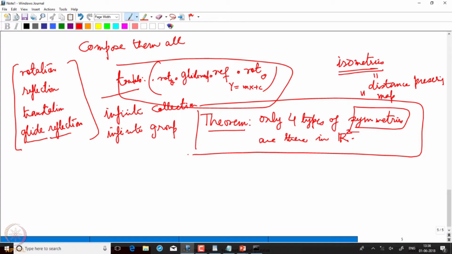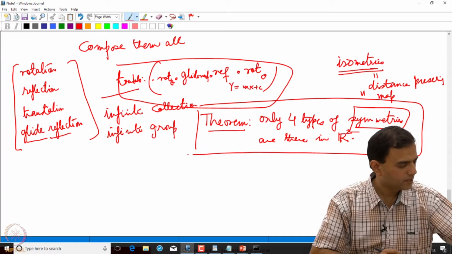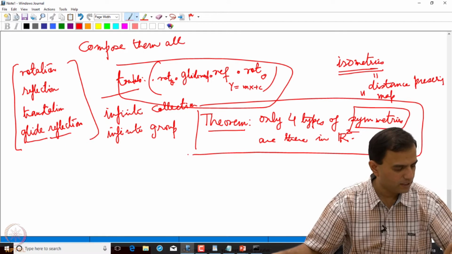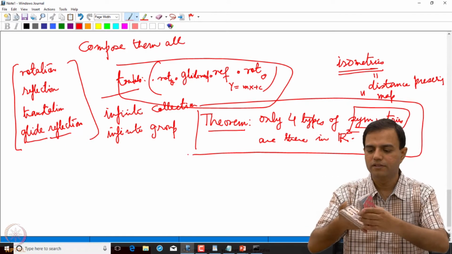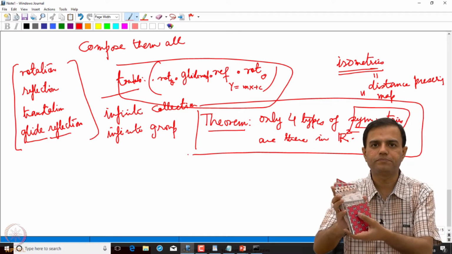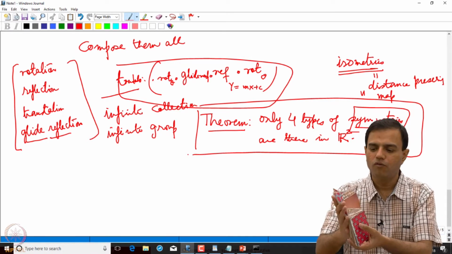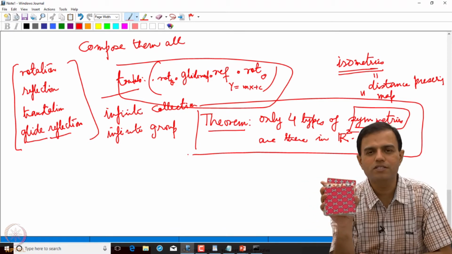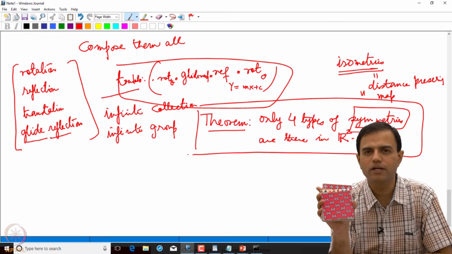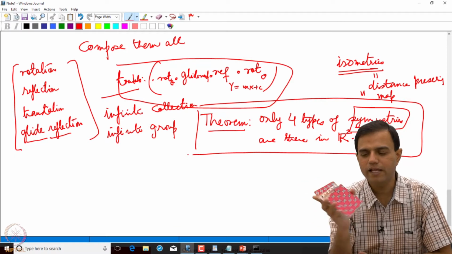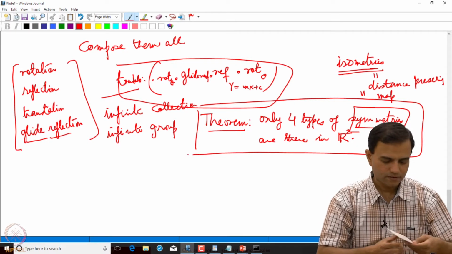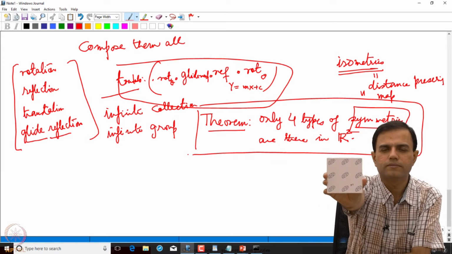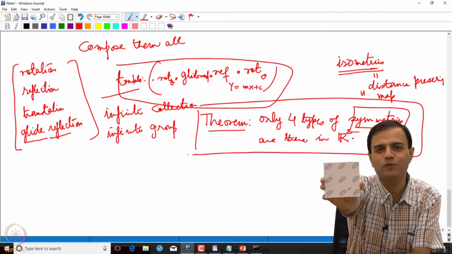And now let's have some fun. I have shown you all these cards, right? There are so many of them. What you can do is you can try to identify what symmetric patterns do they exhibit. Let me show you one. This one. Would you like this as one of the wallpapers in your room?